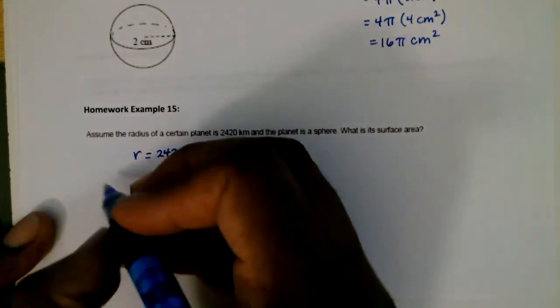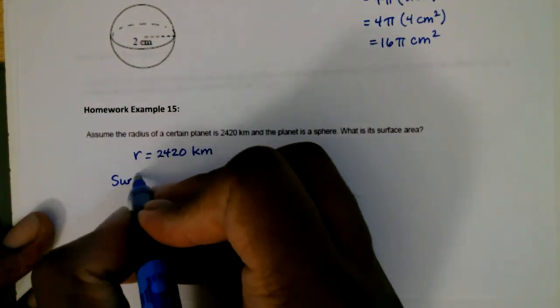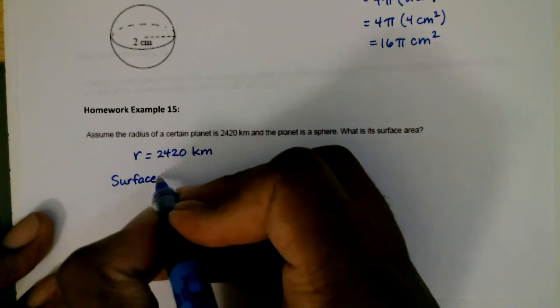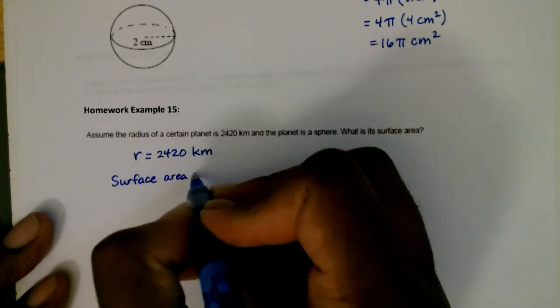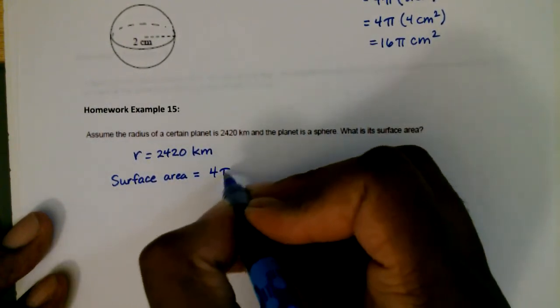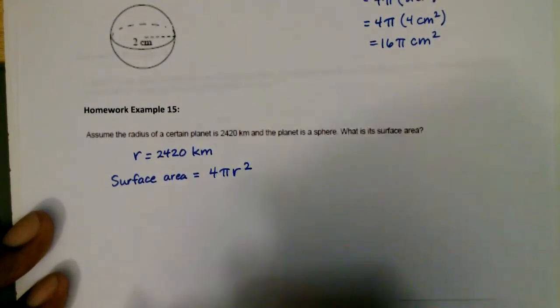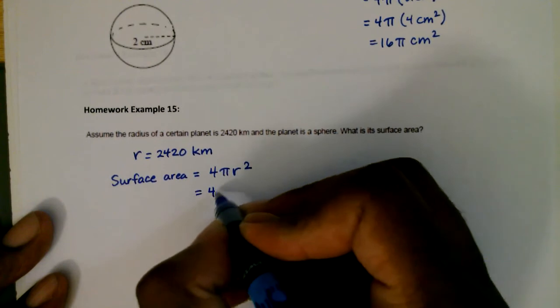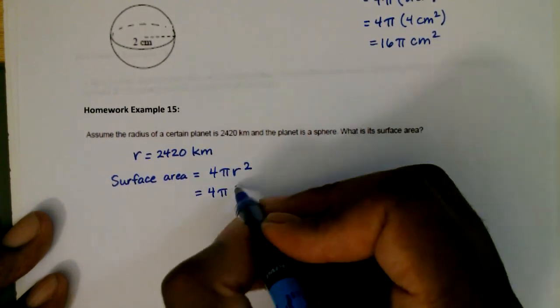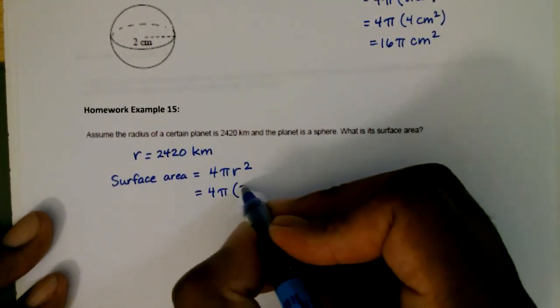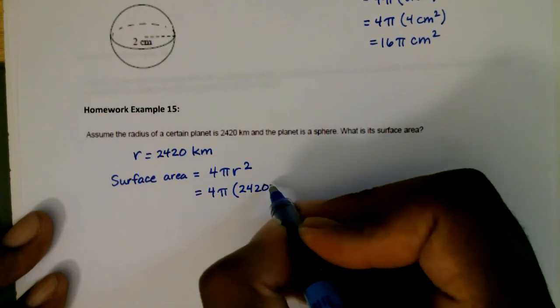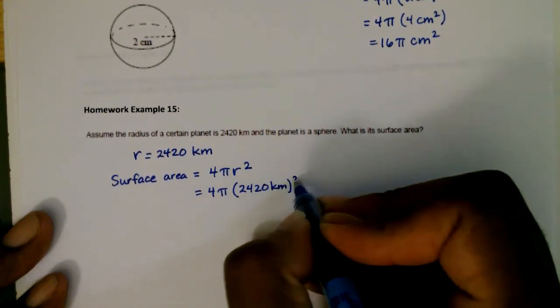And we want the surface area. So the surface area there will be 4 pi times the square of the radius. And again, we're going to leave the answer in terms of pi. So it'll be 4 pi times 2,420 kilometers, and that's squared.